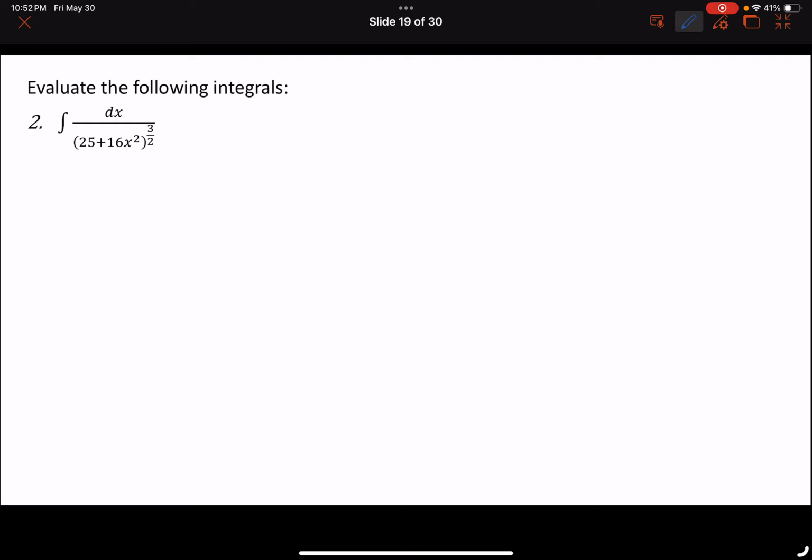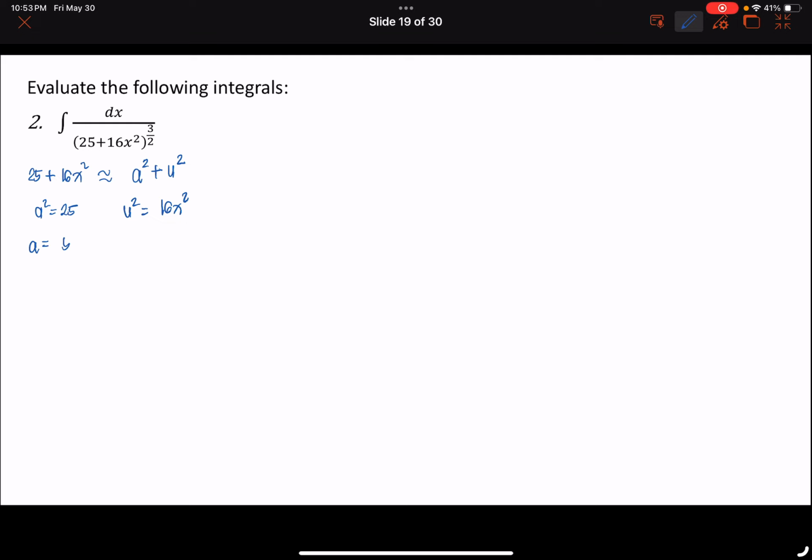For our next problem, we have dx over (25 plus 16x squared) raised to 3 over 2. So here, we have 25 plus 16x squared, which is of the form a squared plus u squared. A squared is 25, while u squared is 16x squared.